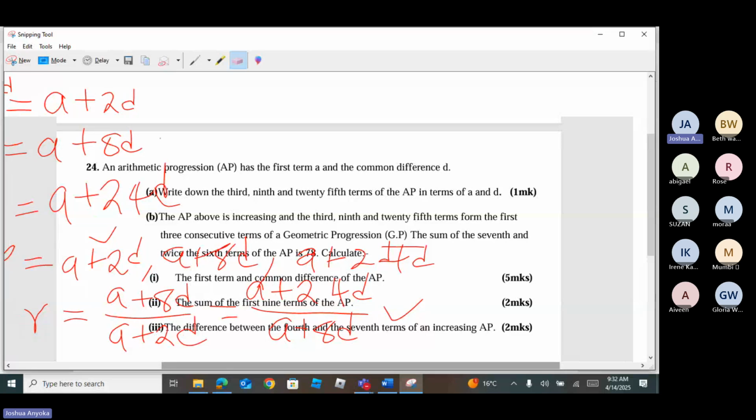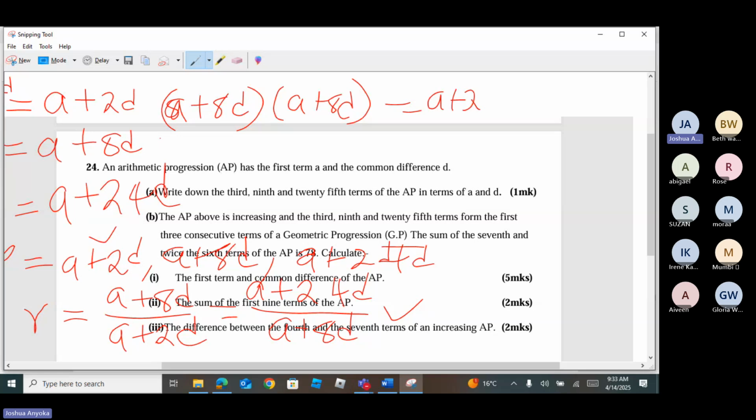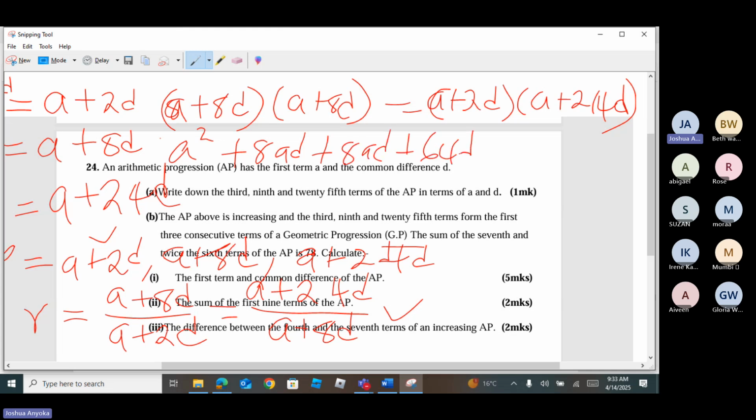So let's cross multiply. A plus 8D, A plus 8D is equal to A plus 2D, A plus 24D. So A times A is A squared, plus 8AD plus 8AD plus 64D squared, right? Yes. It is equal to A squared plus 24AD plus 2AD plus 48D squared.